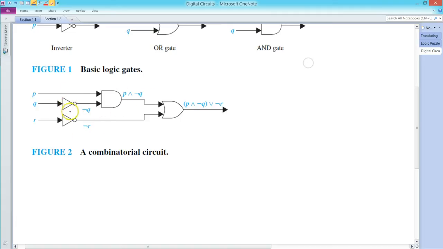In this case, we're using an inverter to invert the value of Q. Another inverter is used to invert the value of R. Then the output of the first inverter, along with the input P, goes into the AND gate, which produces the value P and not Q. The output of this, combined with the output of the bottom inverter, is then fed into the OR gate, and the output can be expressed with the logical expression P and not Q, or not R.